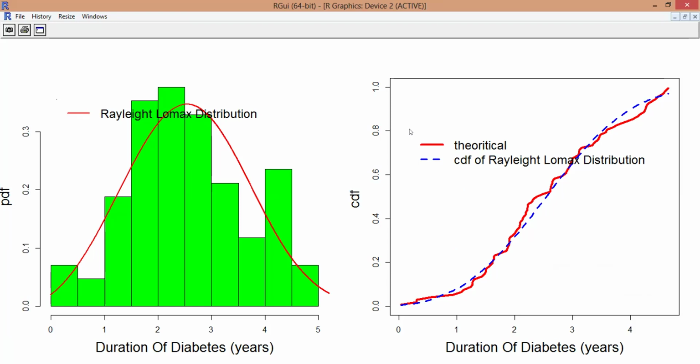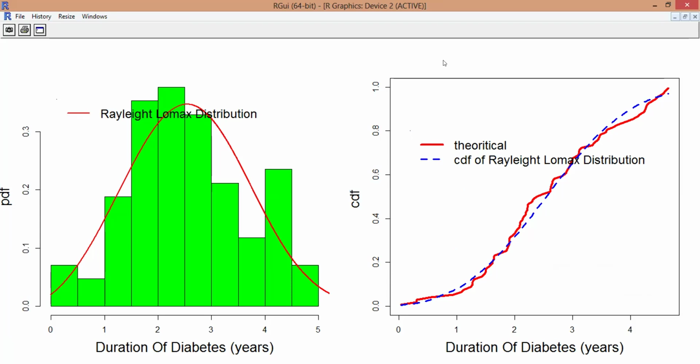And from the cumulative plot, or CDF plot, we can see the theoretical cumulative, the red one, captures the empirical cumulative, the blue one.